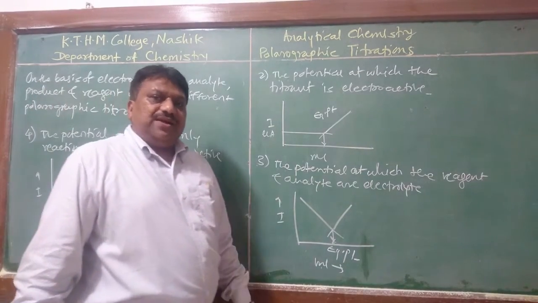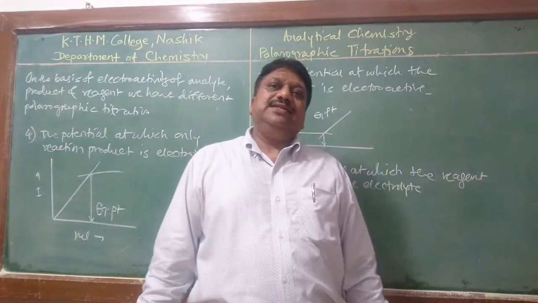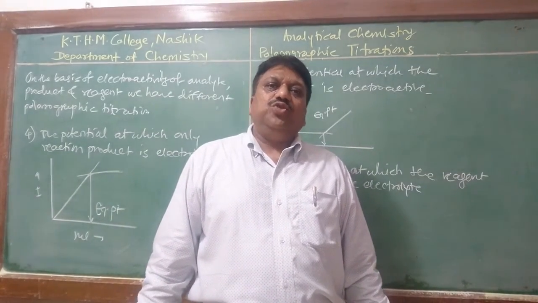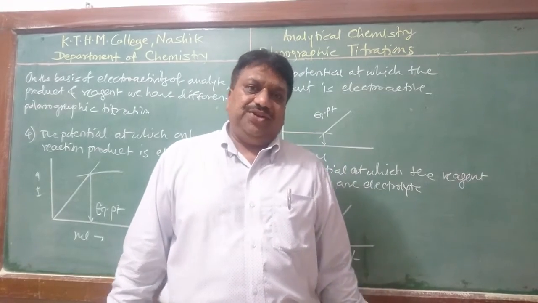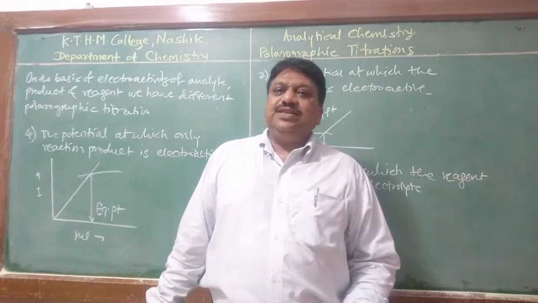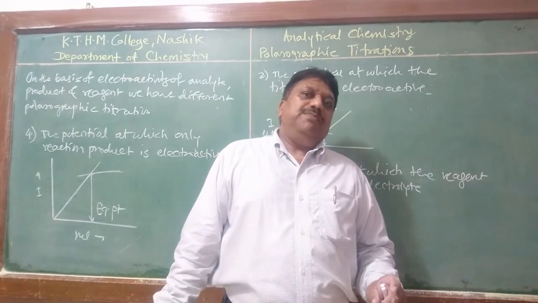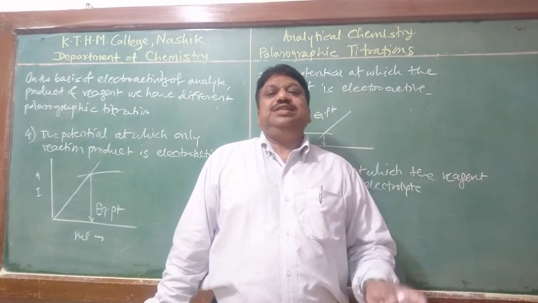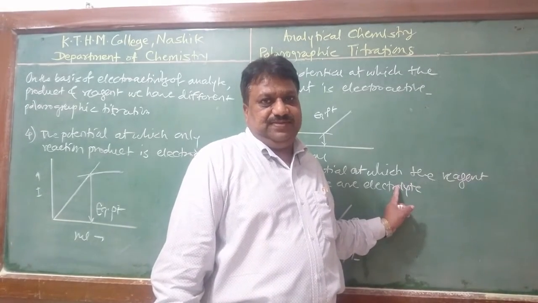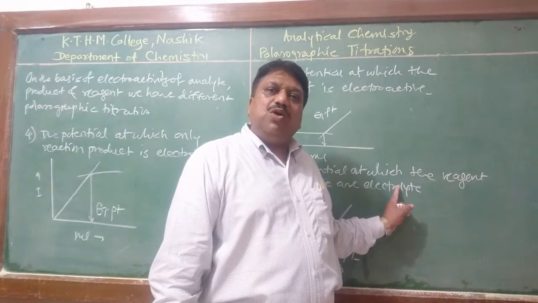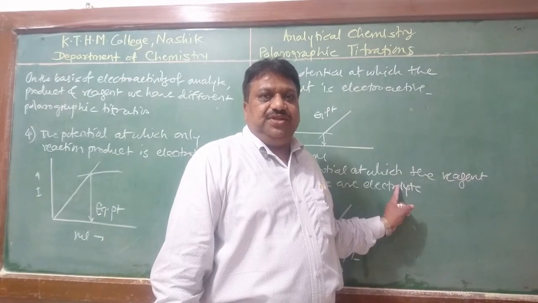That means in polarographic titration, it is not necessary that the analyte should be electroactive. For polarographic titration, we may use an electroactive reagent, or we may form a product which is electroactive, for successful polarographic analysis. Students, this is all about polarographic titration.